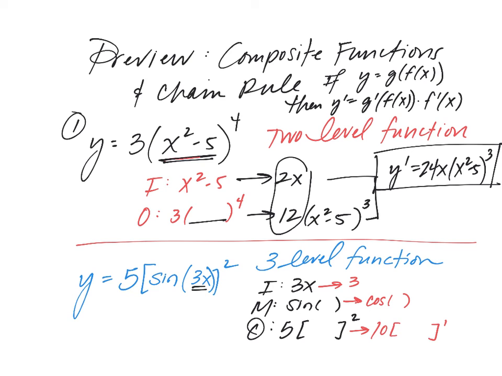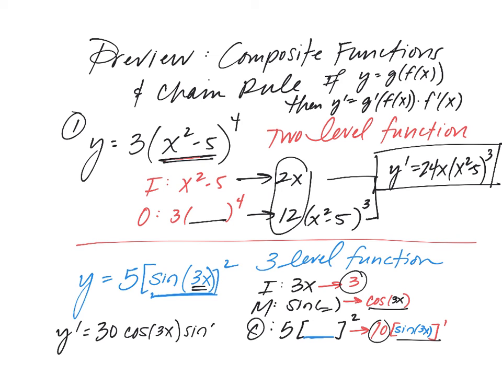Whatever starts in parentheses stays in parentheses. So 3x goes in here. Whatever starts in brackets stays in brackets. So sine of 3x. So our final answer in this one, y prime, I'd multiply 3 times 10 for that leading coefficient, which is 30. And then I'd multiply by these 2 in either order. So cosine of 3x, sine of 3x. And that would be my final answer.